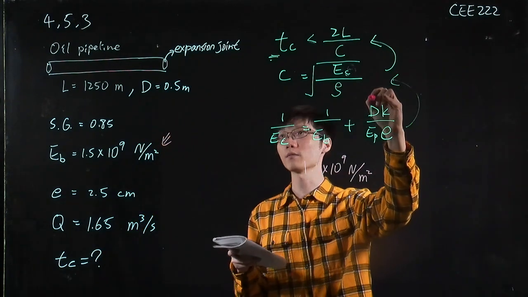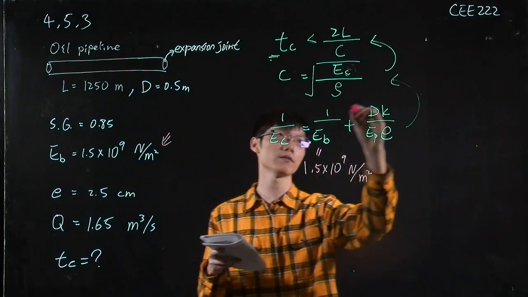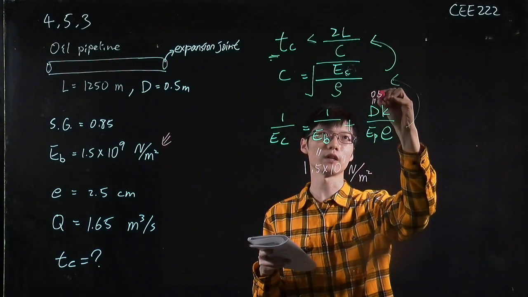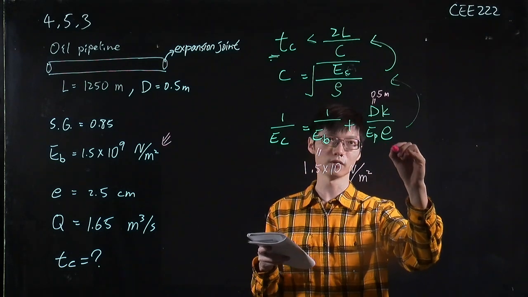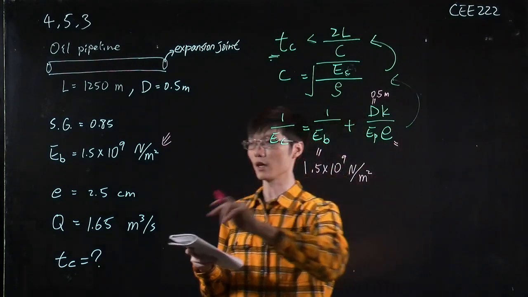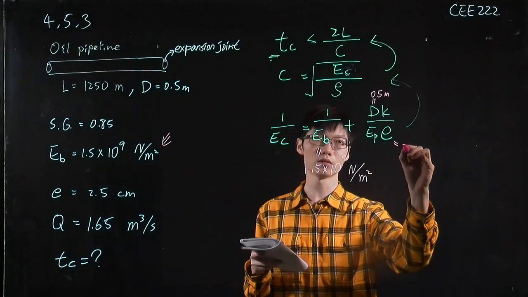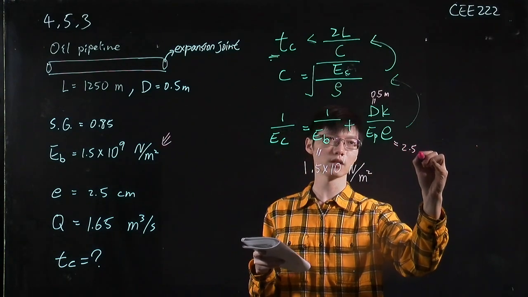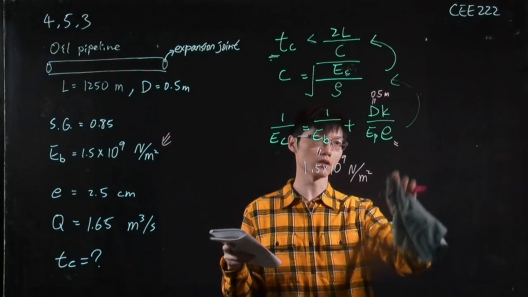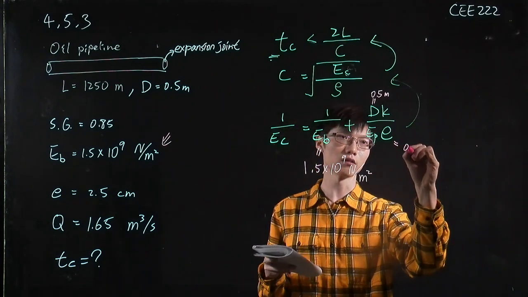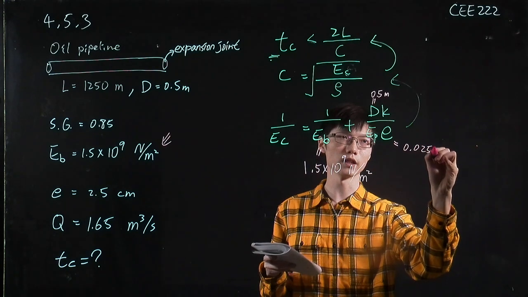And we know the diameter of the pipe, which is 0.5. This D is 0.5 meter. And what else do we know? The thickness of the pipe is equal to 2.5 cm. So we convert to the same unit, which is meter, that is 0.025 meter.